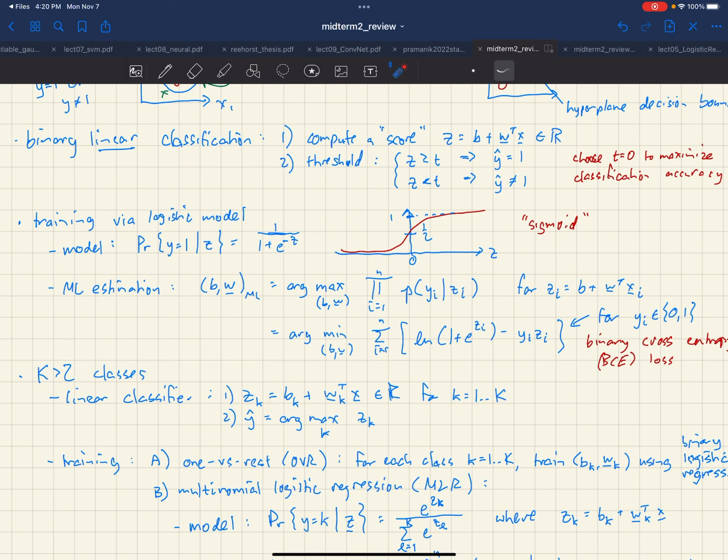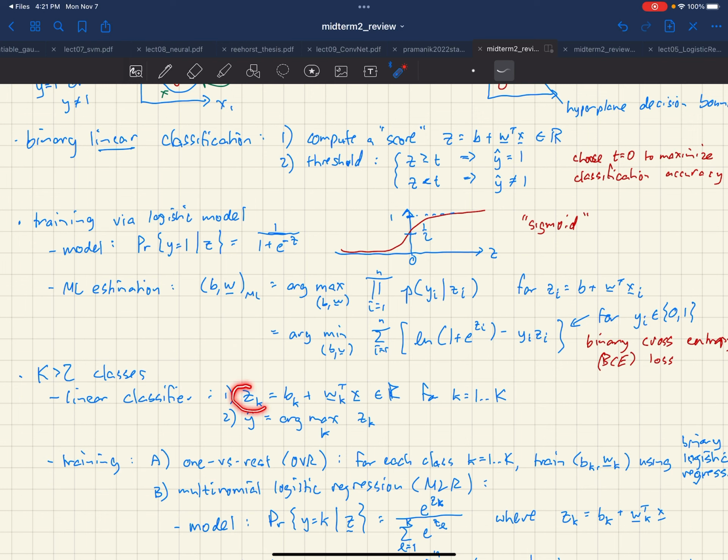And then each score essentially tells us how confident we are, like the score z little k tells us how confident we are that we are in class little k. And so when we look at all our scores as a set and we want to say which class we are most confident about, we just look for the value of k that gives us the maximum of all our scores. So that's our y hat in this case.